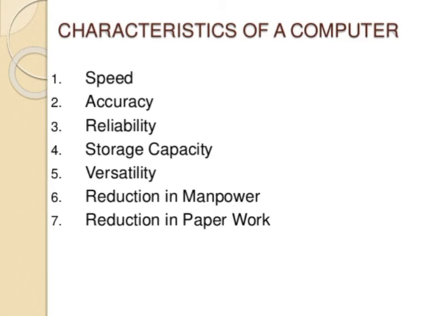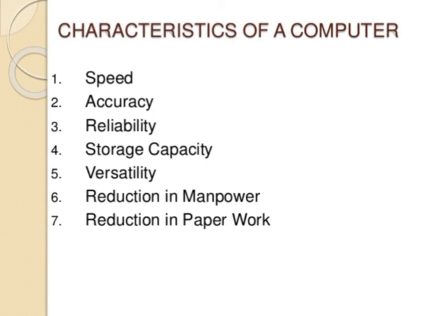Now storage capacity. What is storage capacity? Computer can store billions and trillions of information, and this information is stored in the CPU, because the CPU is the brain of the computer. You can compare your human body with a computer.